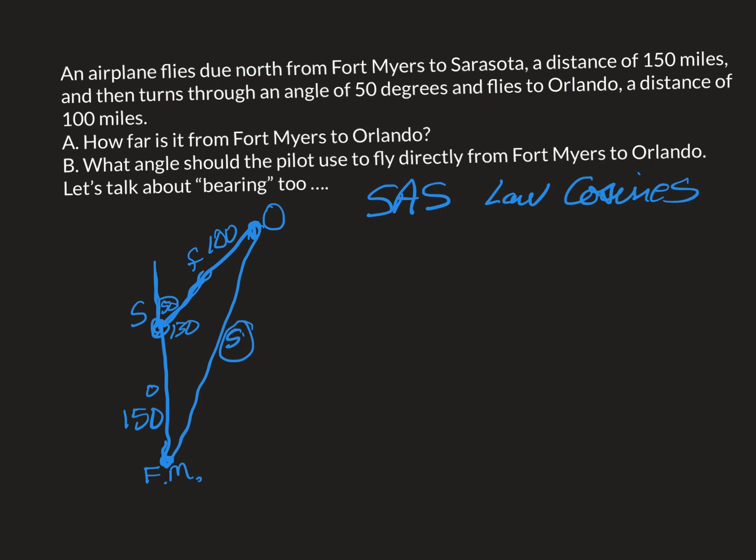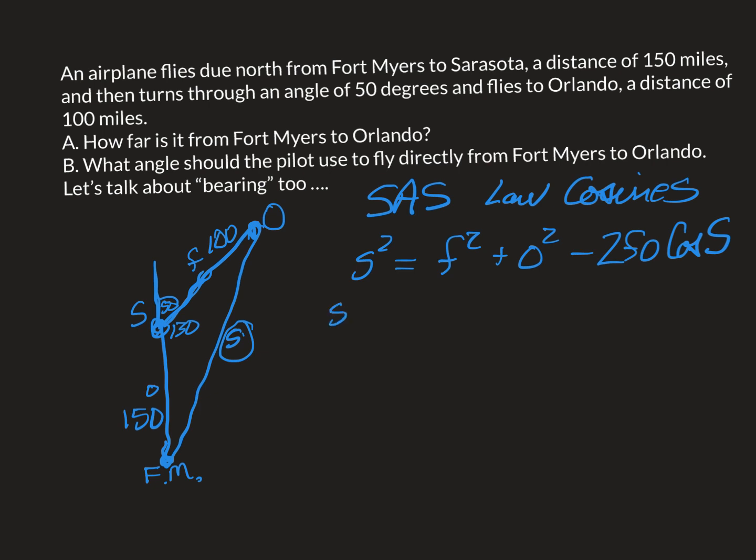Okay? So that's going to be S squared is equal to, because I want to solve for S, F squared plus O squared minus 2FO cosine of S. Cosine of our angle S, which is 130.